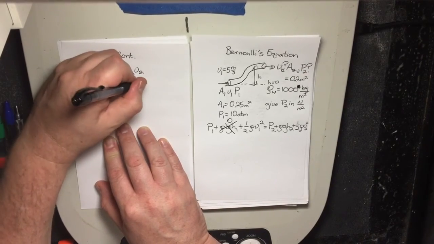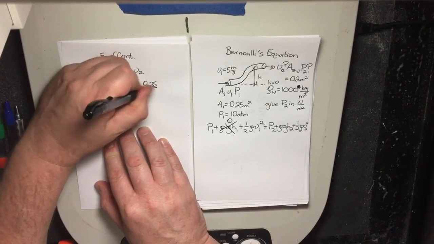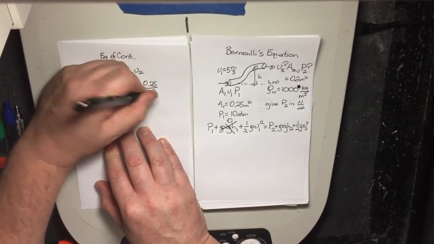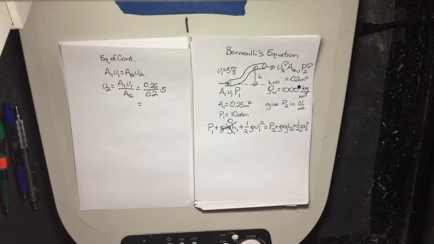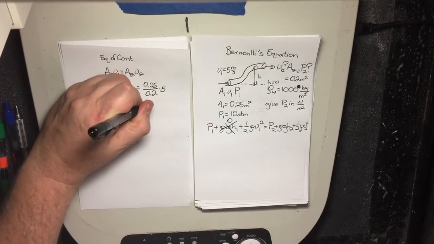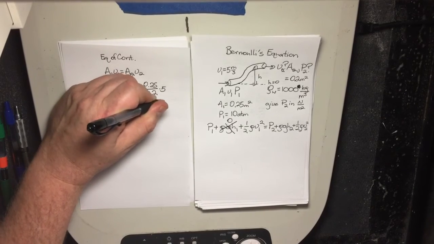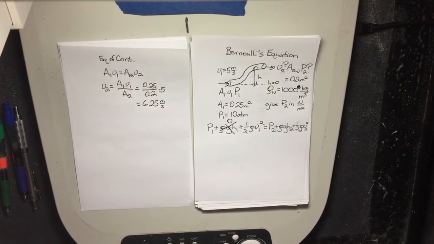A1 is 0.25, A2 is 0.2, V1 is 5, so this is 25 divided by 4, 6.25 meters per second for the final velocity.